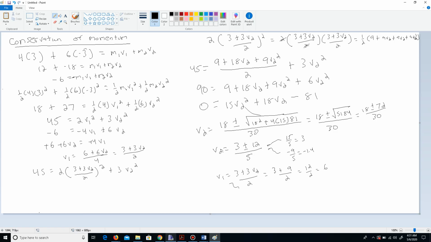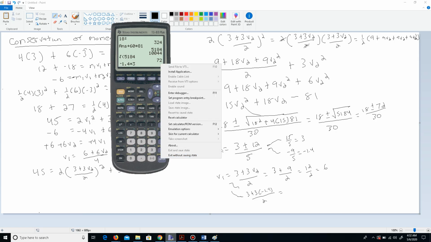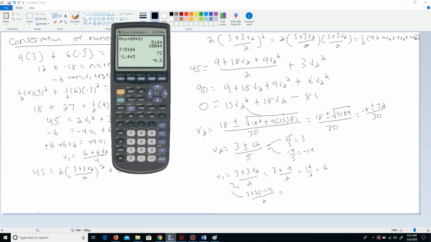The other one is 3 plus 3 times negative 1.4, over 2. So negative 1.4 times 3, plus 3, divided by 2 is negative 0.6.